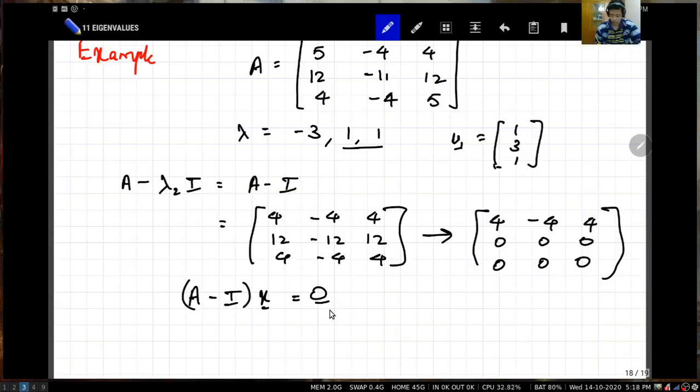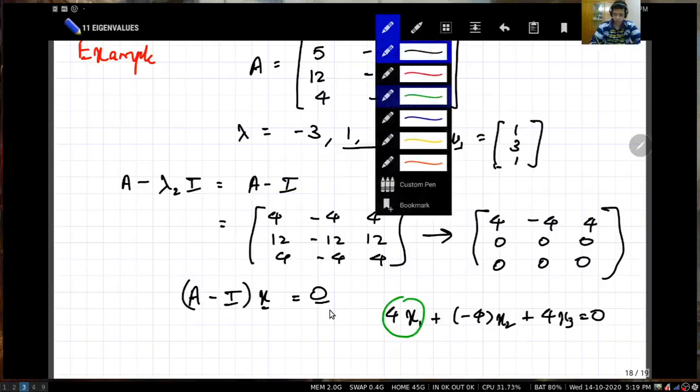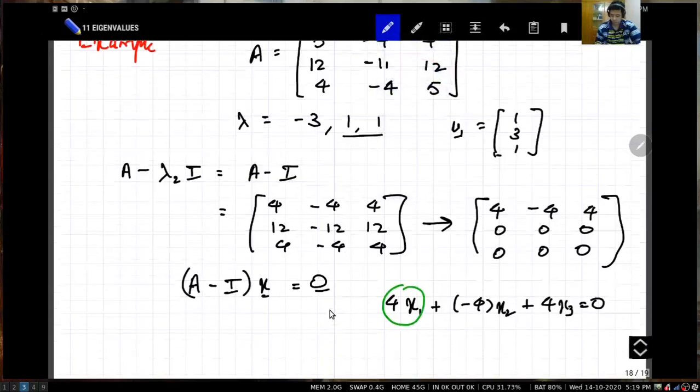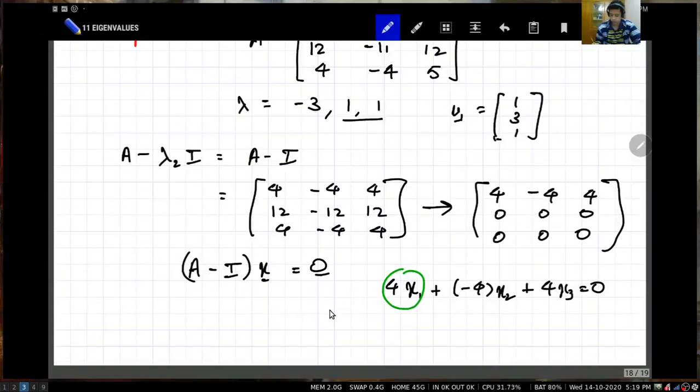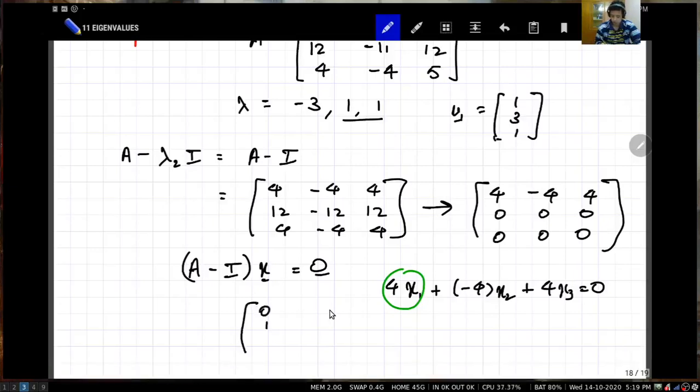So basically you have 4x1 minus 4 times x2 plus 4x3 equal to 0. We can take the pivot variable x1 to be fixed, and x2 and x3 to be the free variables. For example, if I take x2 equal to x3 equal to 1, then I get one vector, which is (0, 1, 1).